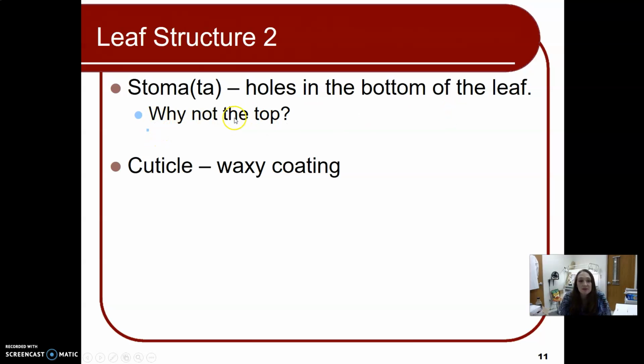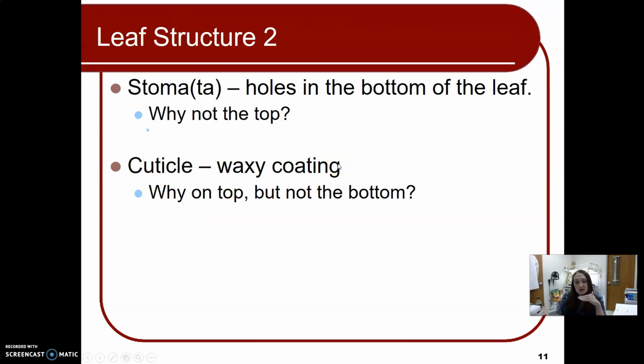So those are on the bottom of the leaf. If you had them on the top of the leaf, all the water would just evaporate out of the plant and you'd end up with a wilted plant. So you have that waxy coating on the top to prevent water loss, but not on the bottom because you still need those stoma or stomata, stoma singular, stomata plural, to be able to breathe.